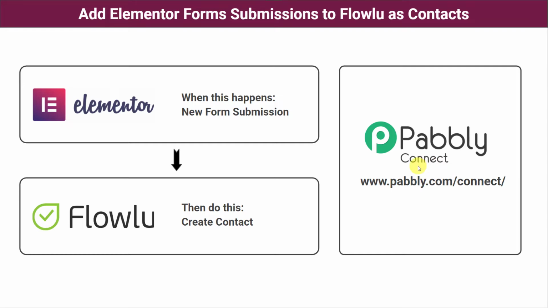First we have to create an integration between Elementor Form and Pabbly Connect. Then Pabbly Connect is going to capture all the details of the customer through the form submission. And using the details of the customer, automatically a new contact will be created in your Flowlu account. In this way, we are going to learn how we can create an integration between Elementor Form and Flowlu using Pabbly Connect. So let us learn the integration process now.